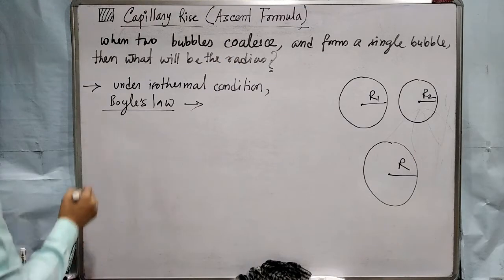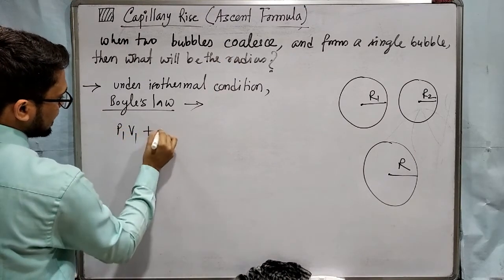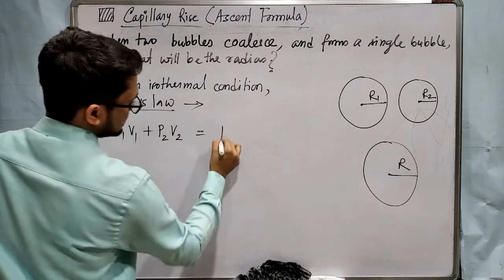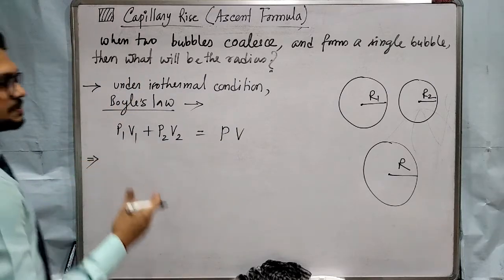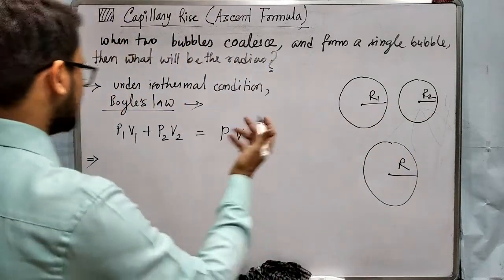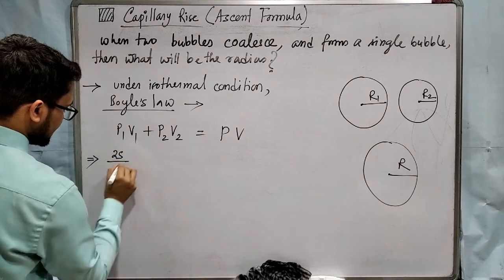So before coalescence, pressure is P1 and volume is V1, and for the second one P2, V2. After coalescence, pressure is suppose P and volume is V. Which pressure will you take here? You will take the excess pressure. For a bubble it is 2s by r, so 2s by r1.